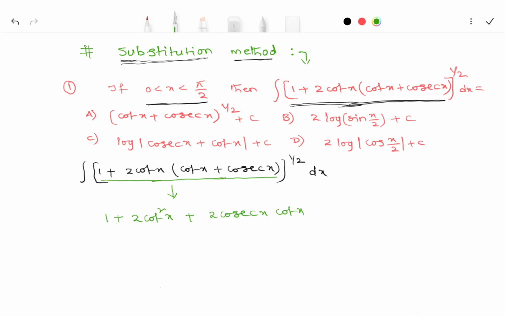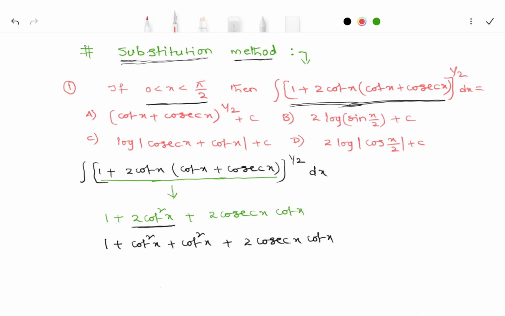Now after that you can write this 2 into cot square x as cot square x plus cot square x, and 1 plus cot square x together, plus 2 into cosecant x into cot x. There is no change in this value.